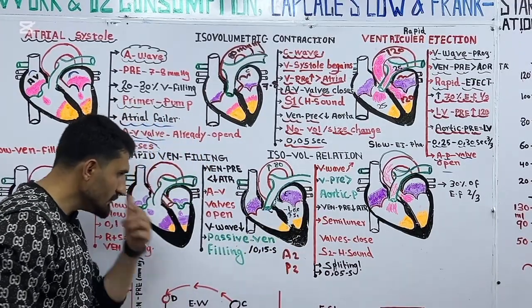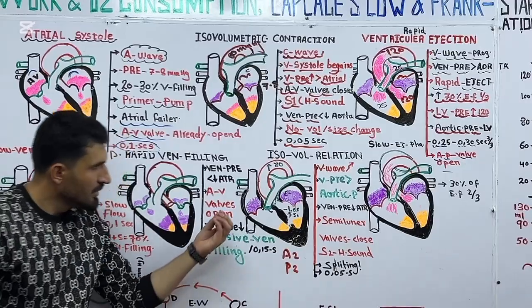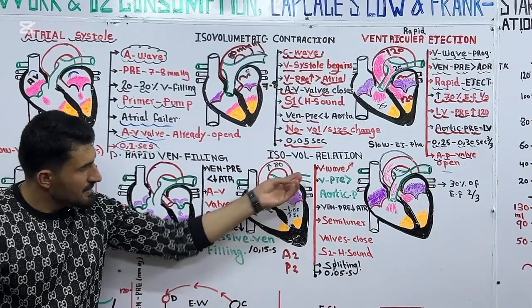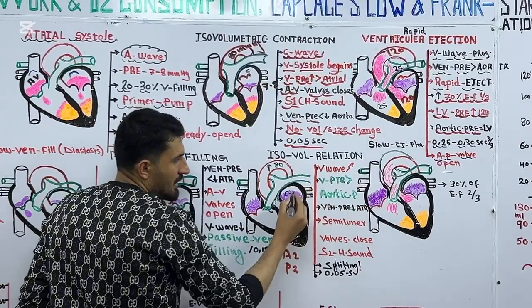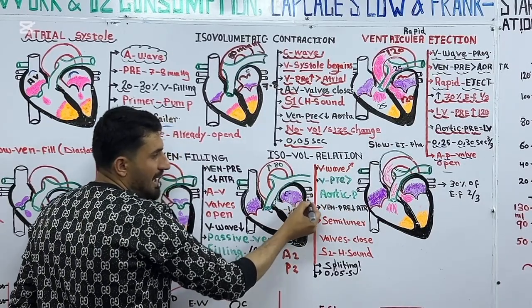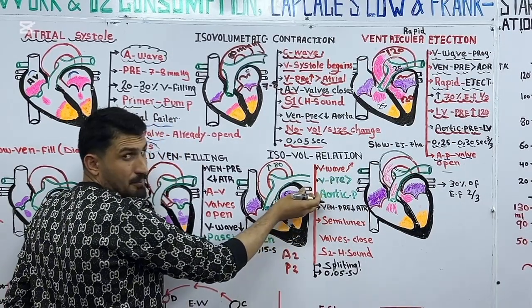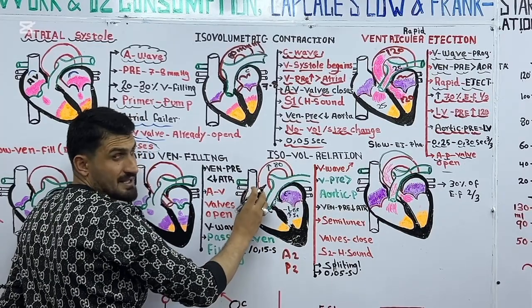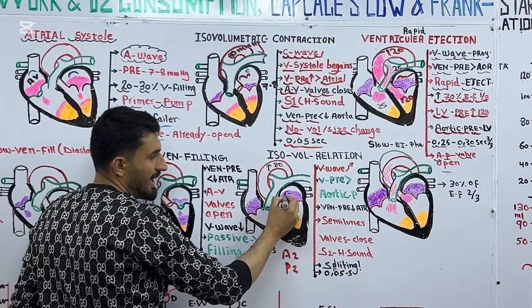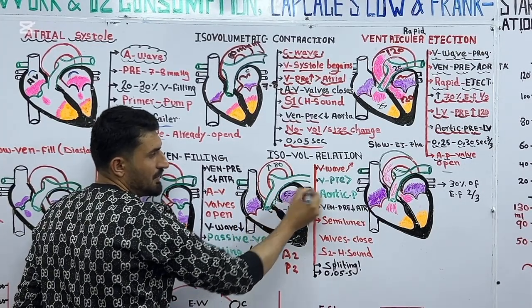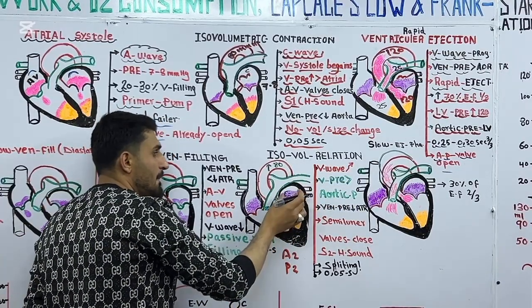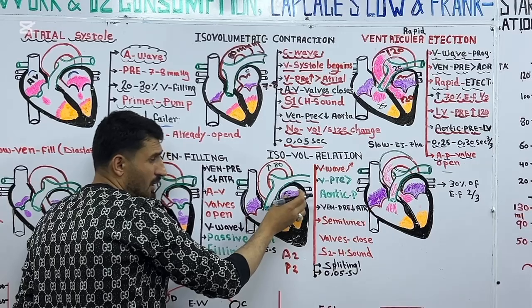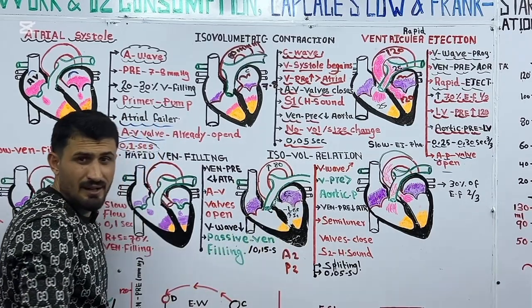Got it? So in this phase, what happens to the atria? Blood is still coming to the atria from the pulmonary system and from the systemic circulation. Here we had the A wave, C wave, and V wave, and the V wave is progressing because a lot of blood accumulates inside the atria.